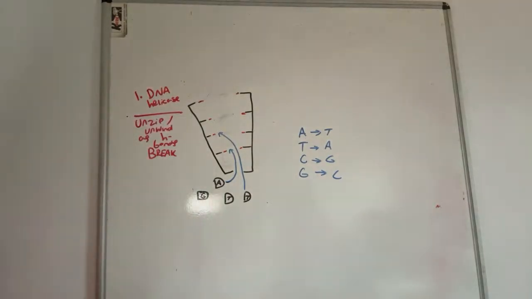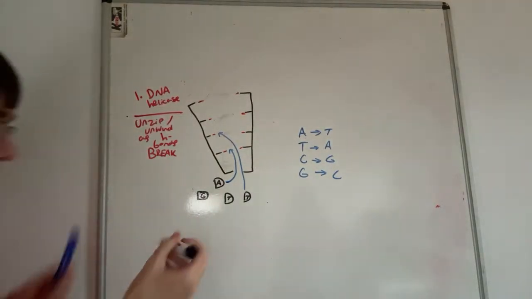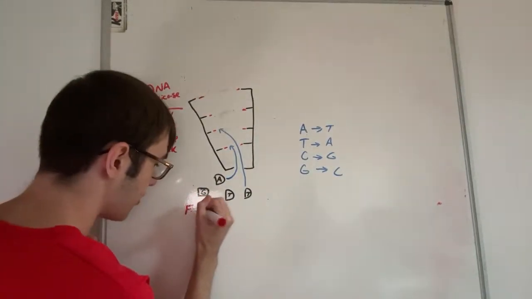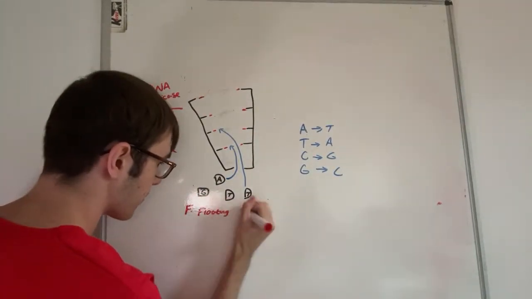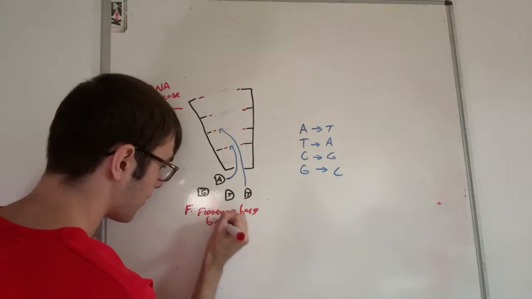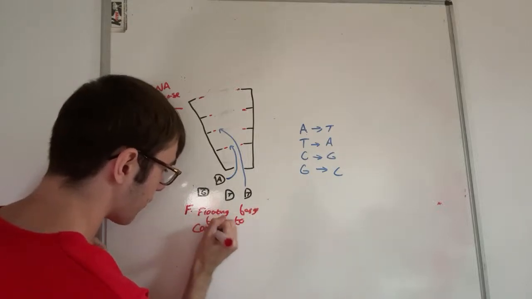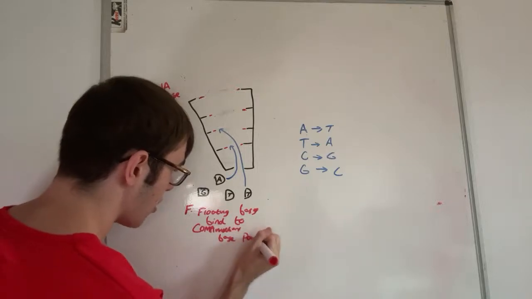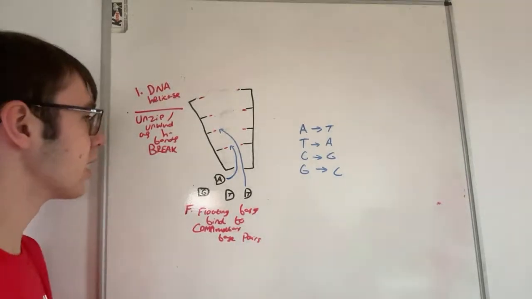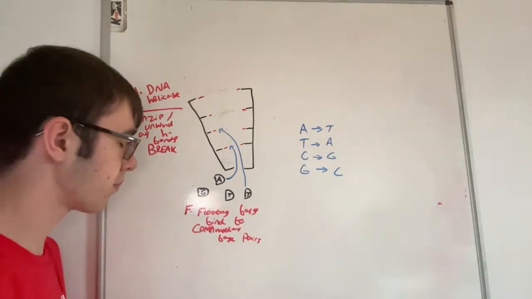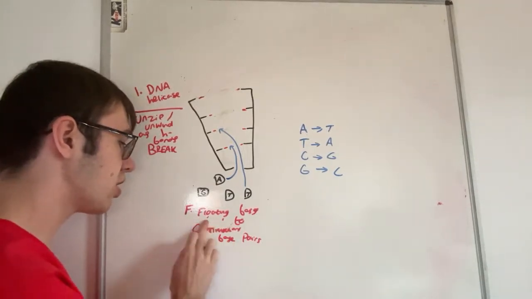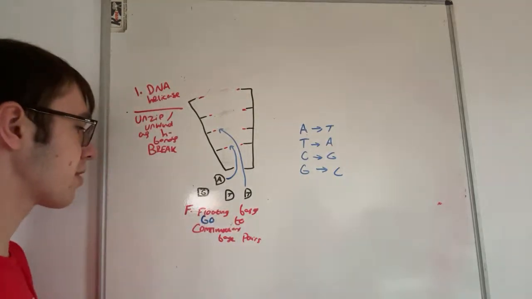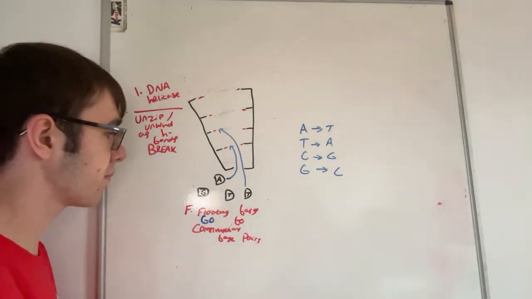That's where they would bind, to their complementary base pairs, and that's the second idea. So these free-floating bases bind to complementary base pairs. Or I think bind could be a little deceptive because they're not bonded. So should I say line up to or go to? Free-floating bases go to complementary base pairs.